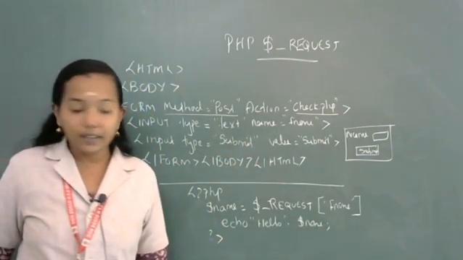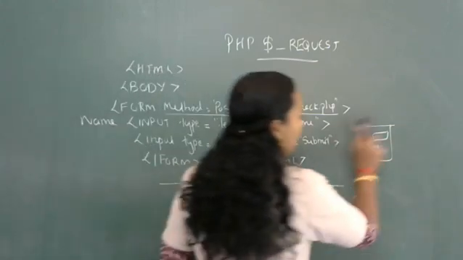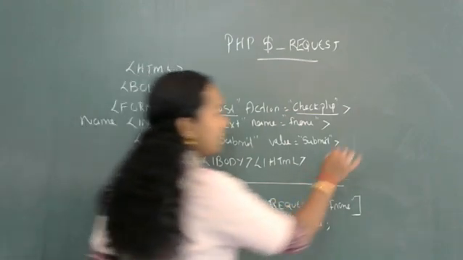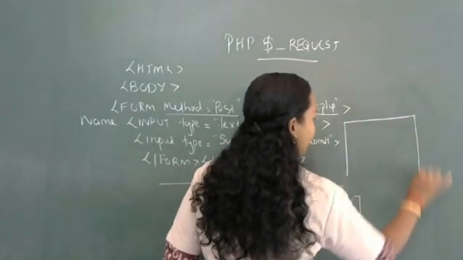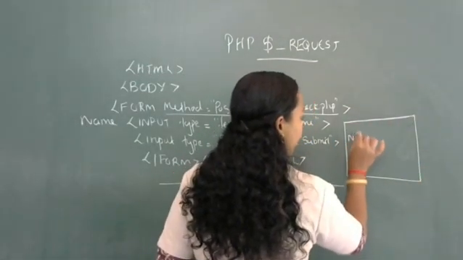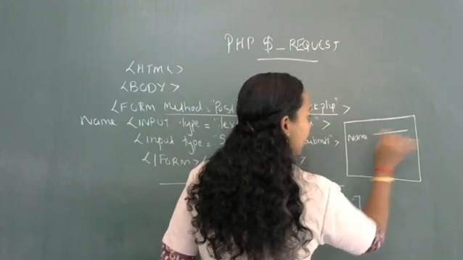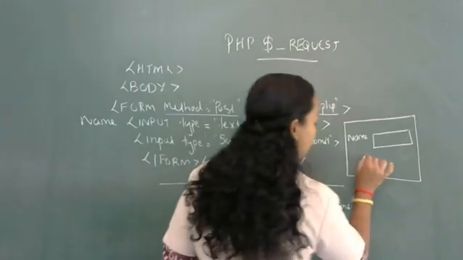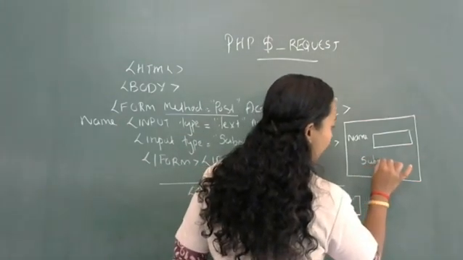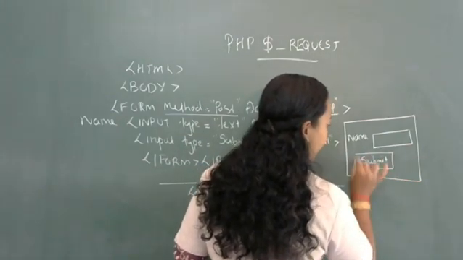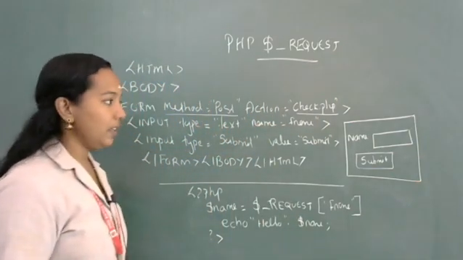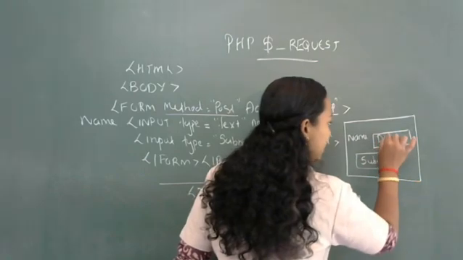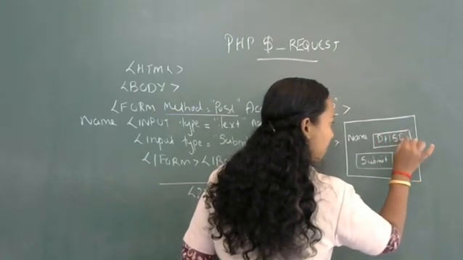Okay, clear? So when we execute the first HTML program, we will get a form like this. Near to name, one text box will be there, and also one submit button.